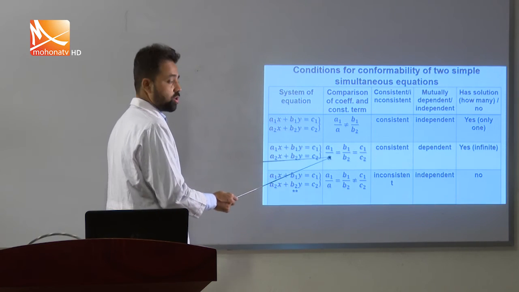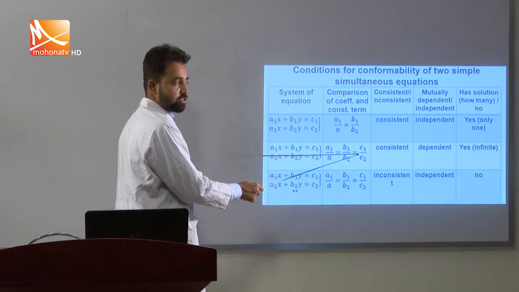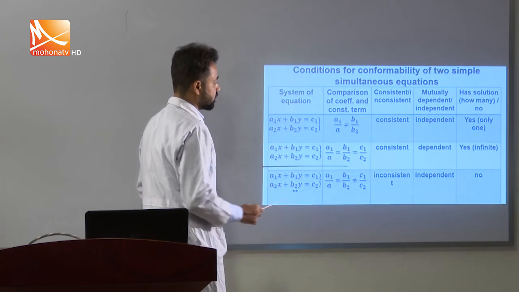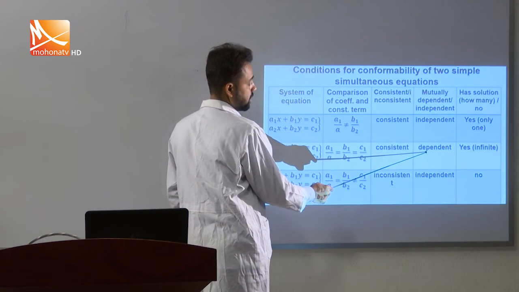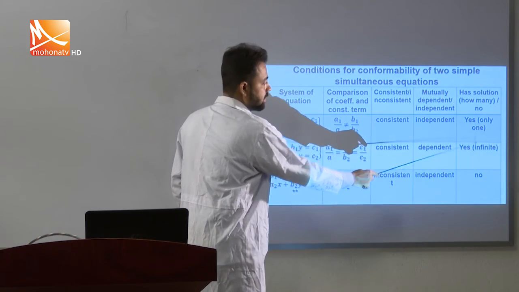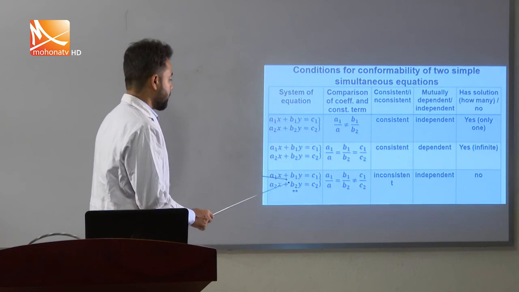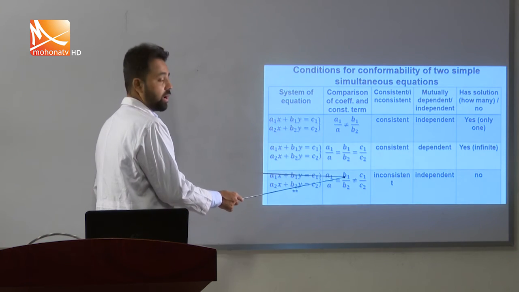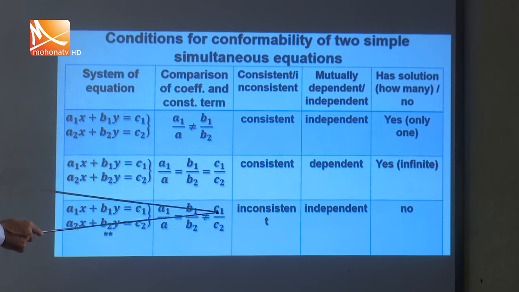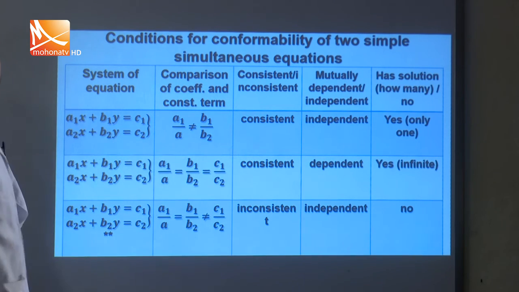If the ratios of x, y and the constant term are equal, then the two equations are consistent, dependent and have infinite solutions. If the coefficient ratios of x, y are equal but not equal to the constant term ratio, then the two equations are inconsistent, independent and have no solution.